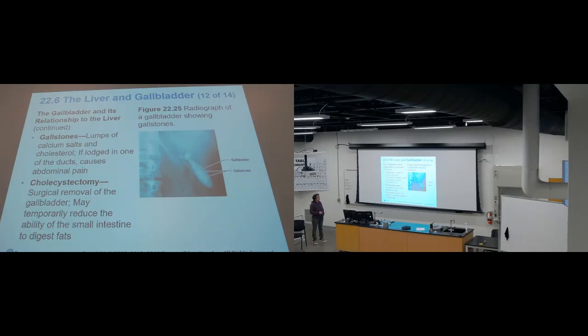Typically, the treatment is surgery, surgical removal of the gallbladder. It is done mainly by laparoscopy nowadays, but if laparoscopy fails, it can be done open. And then that may temporarily, again, reduce the ability to digest fats.